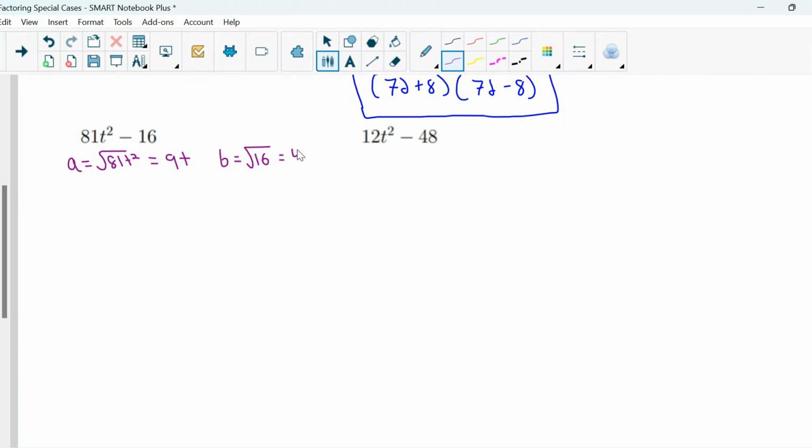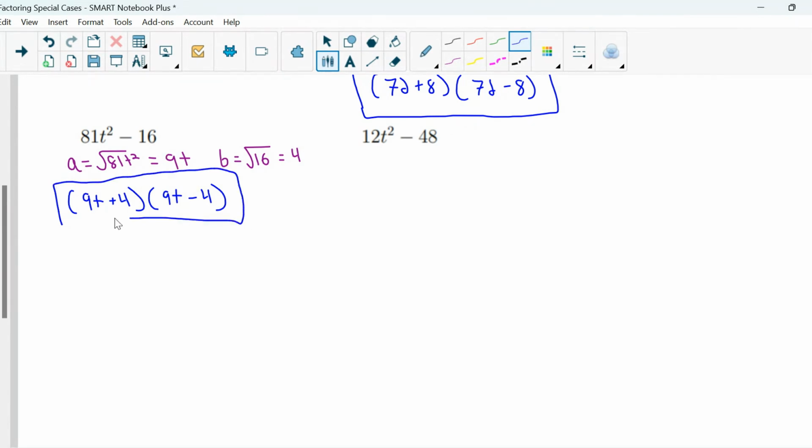Square root of 16 is 4. So for the final time here, we're using our formula. So we've got a, which is 9t, plus b, which is 4, times a, which is 9t, minus b, which is 4. And that's going to be my final answer.